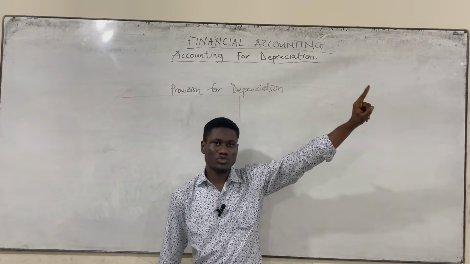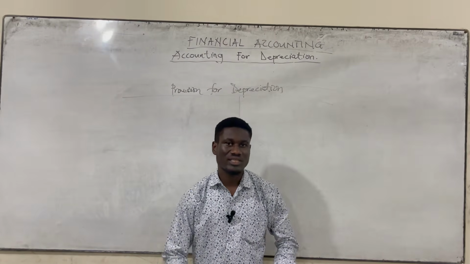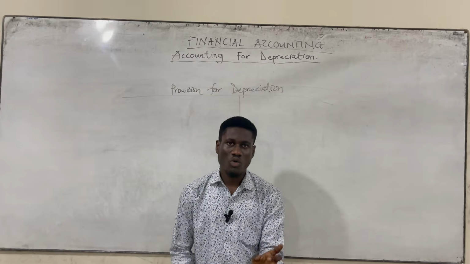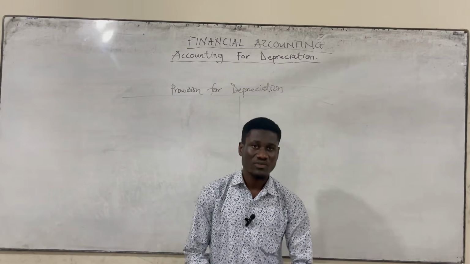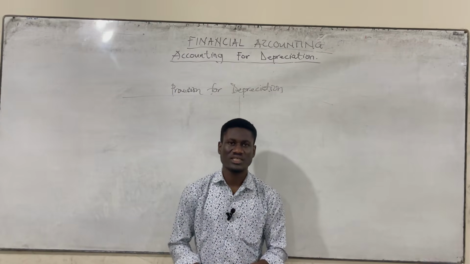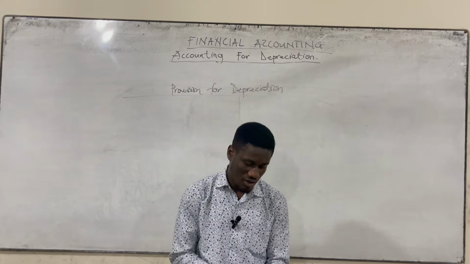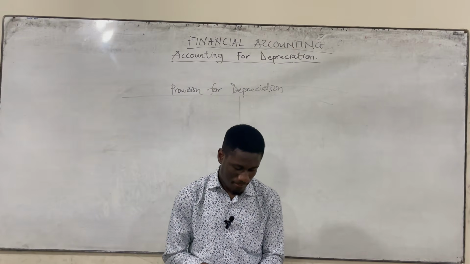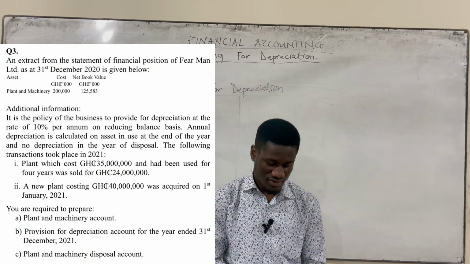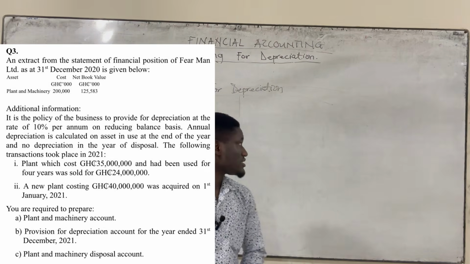So how do we get our depreciation? As at the year starting 2020, the cost of our asset was what? 200,000. As at the year ending 2020, our new cost was what? 125,583. So that means that it has what? Depreciated. Good. So how are we going to get our depreciation? That 200,000 minus our 125,583, and we are getting 74,417.